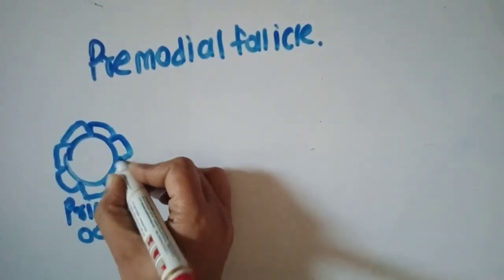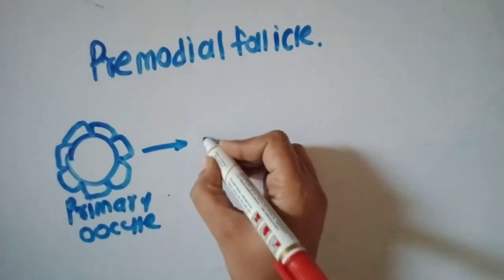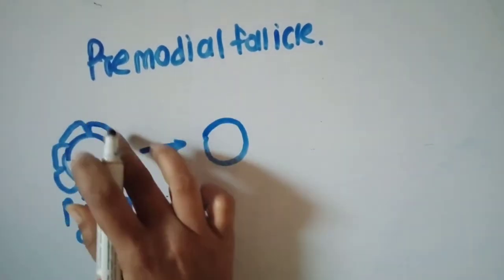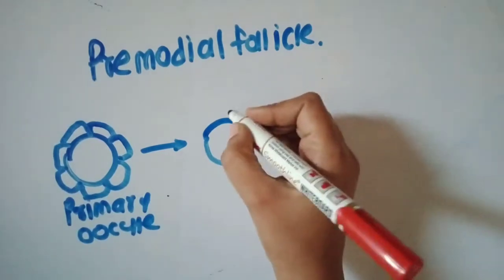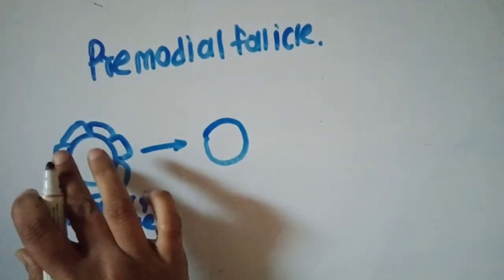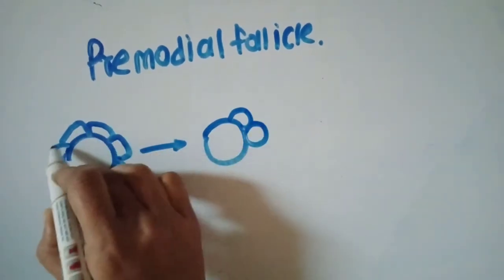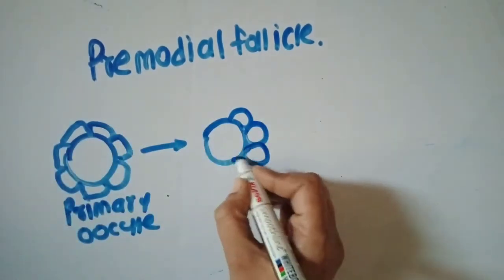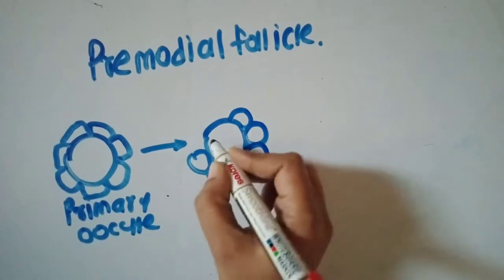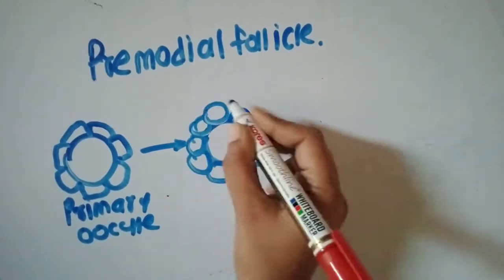Only one layer is formed first, then the squamous epithelial cells convert into a layer of cuboidal cells. Now they convert into cuboidal shape.